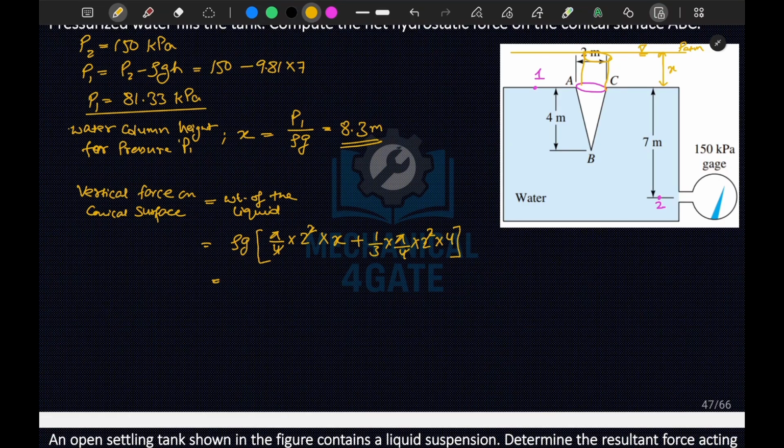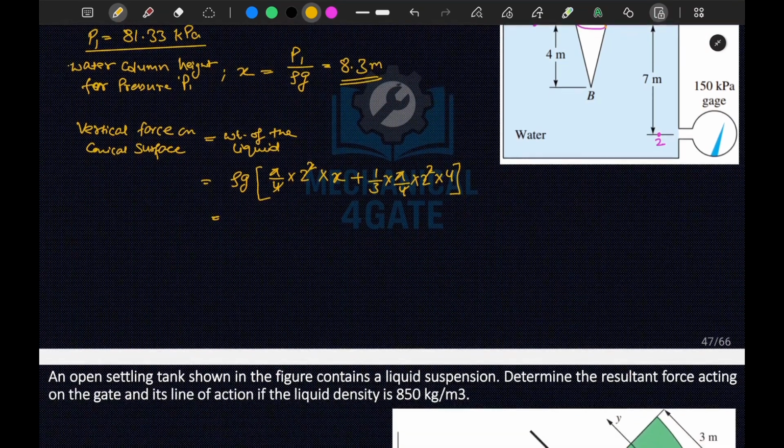So pi into x, which is 8.3, plus 4 by 3 pi, 4 divided by 3 into pi, into 9.81 is equal to, so the vertical force on the conical surface is here 296.89 kilonewton.